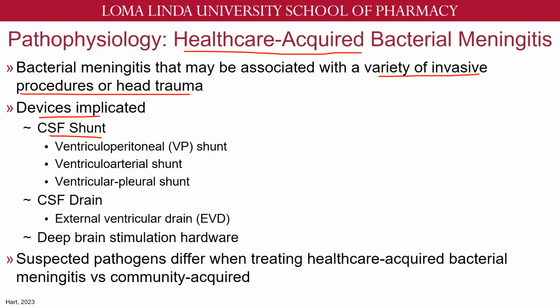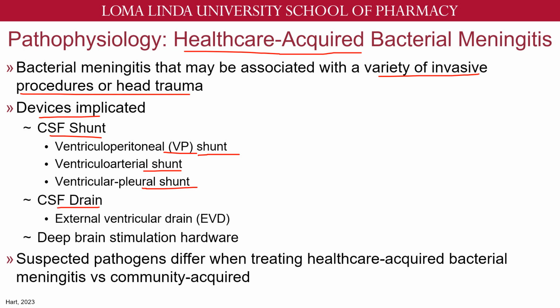And what these shunts do is basically, in some patients, they produce too much CSF, and if you have too much CSF, you'll have too much intracranial pressure. And remember, too much intracranial pressure is bad. It can cause neuronal damage, it can cause death. And so one of the ways to help is by using these different kinds of shunts.